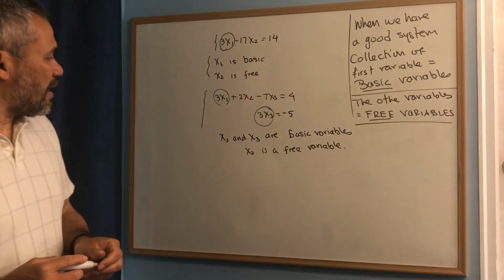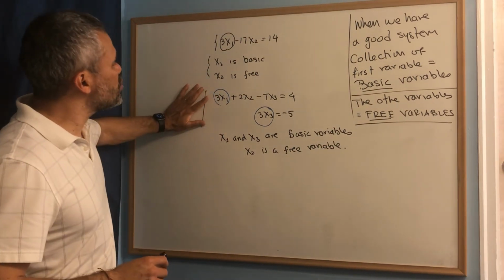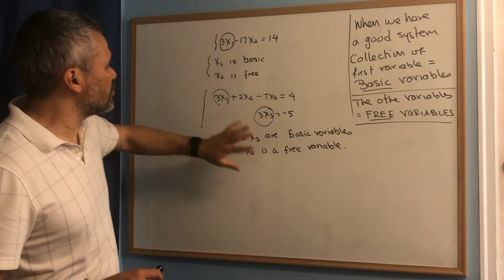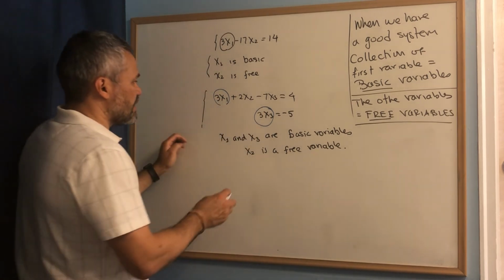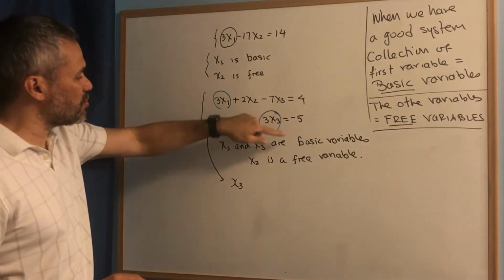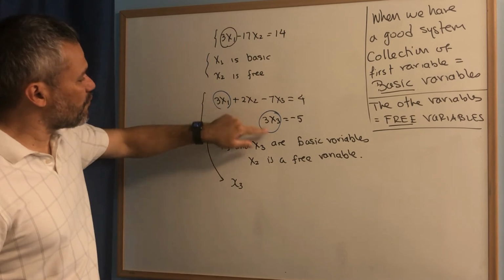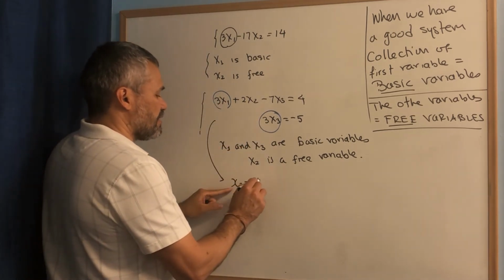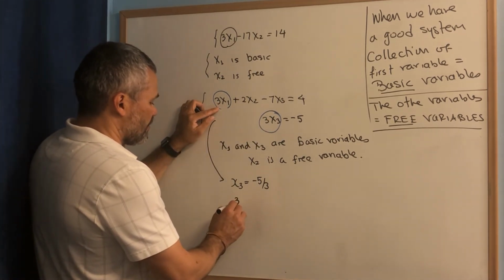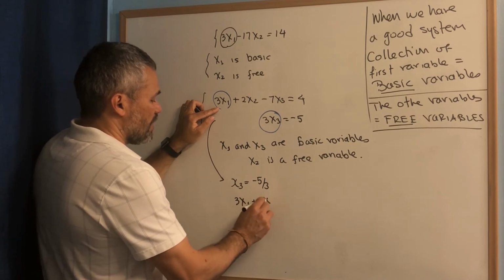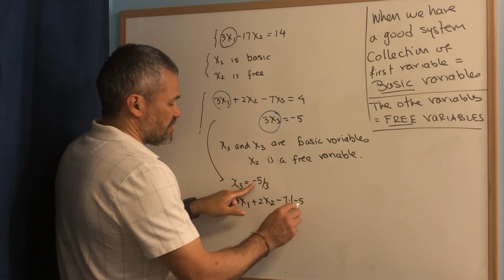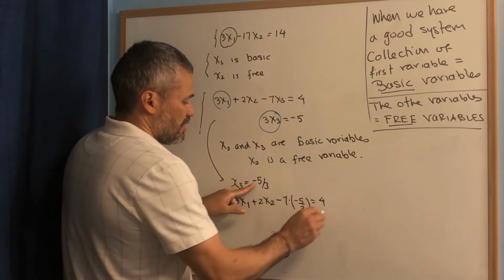And the idea is that when we find the solution of a system, we will write the basic variables in terms of the free variables. Let me do this with this example. For this system, we solve for the basic variables and we can use numbers or free variables. Then x3 is negative 5/3. In this case, we only use a number. But then we solve for x1 from here. We get 3x1 plus 2x2 minus 7 times x3, that means minus 7 times negative 5/3, equal to 4.